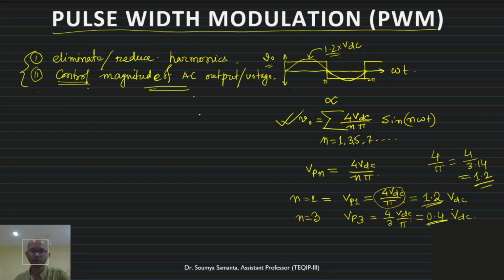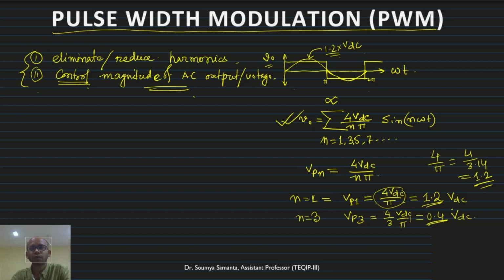What is pulse width modulation? The pulse width modulation is about the width of the pulse. We provide the gate pulse to control the switches, whether thyristor, IGBTs or MOSFETs, whatever switch we use. In order to control those switches, we have to provide gate pulses, and those pulses have some width.